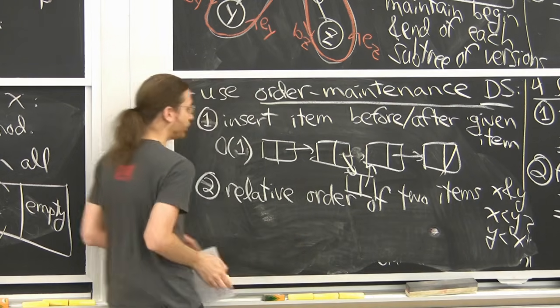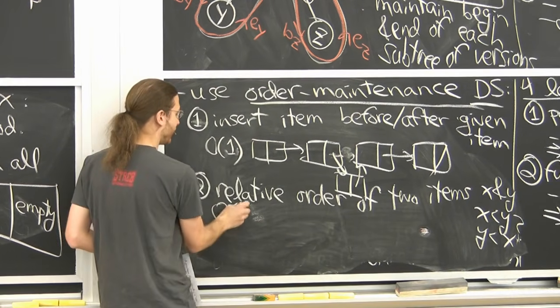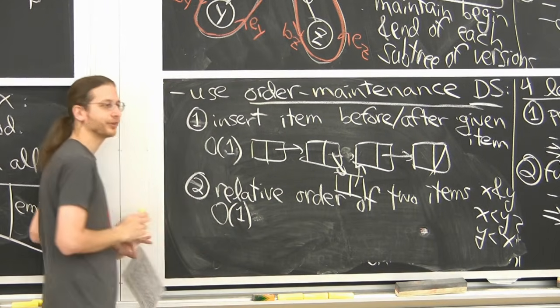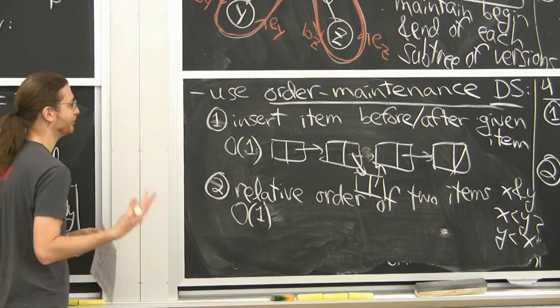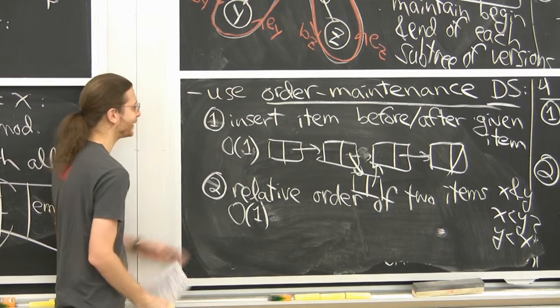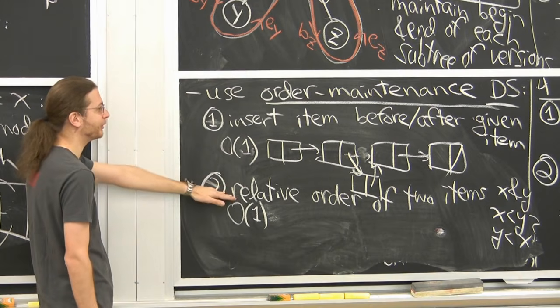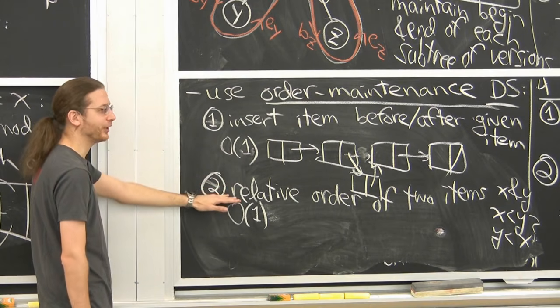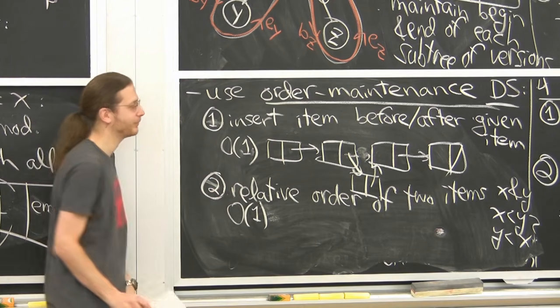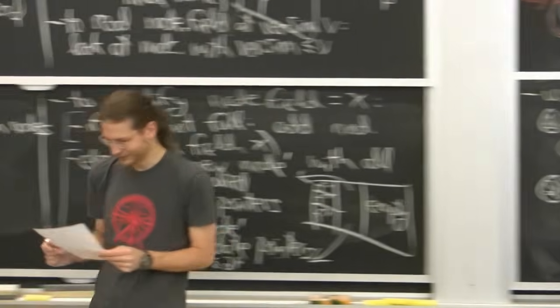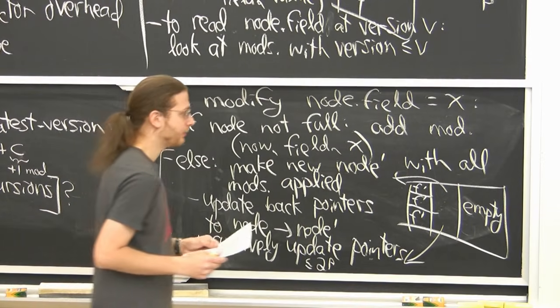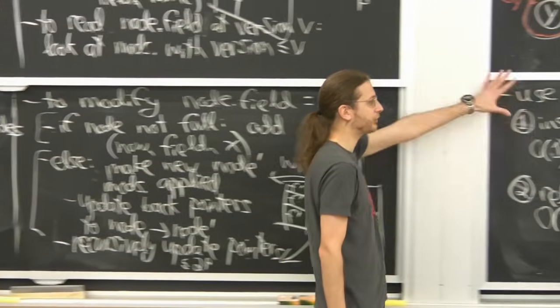And an order maintenance data structure can do this in constant time. Now it doesn't look like your mother's linked list, I guess. It's not the linked list you learned in school. It's a magical linked list that can somehow answer these queries. How? Go to lecture 7. Okay, forward reference. Lecture 8, sorry. For now, we're just going to assume that this magical data structure exists.